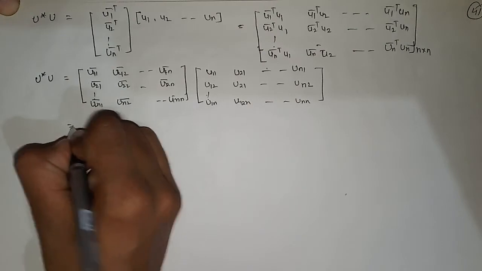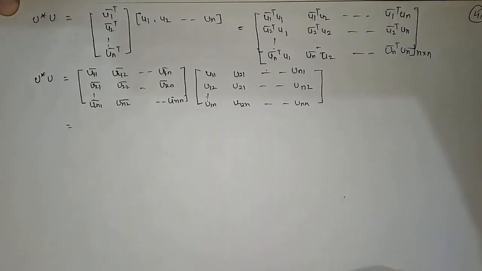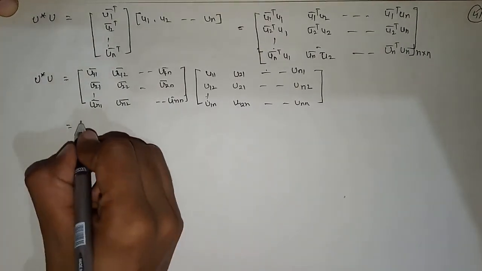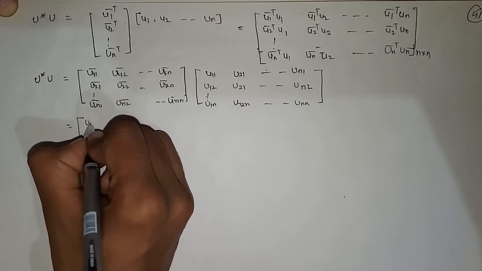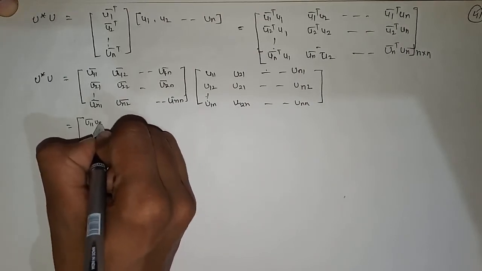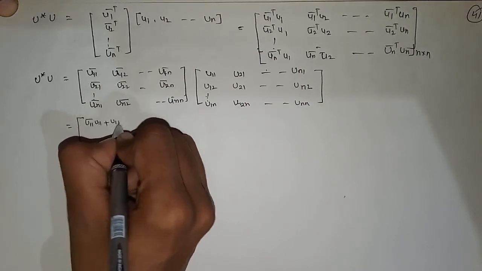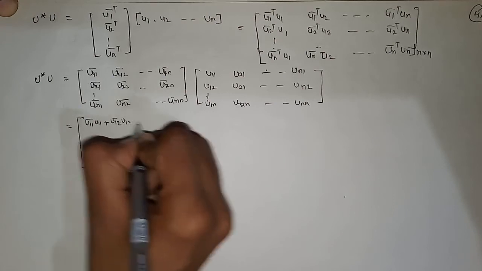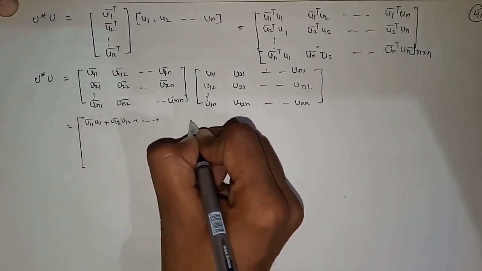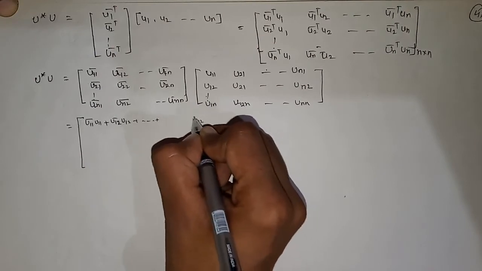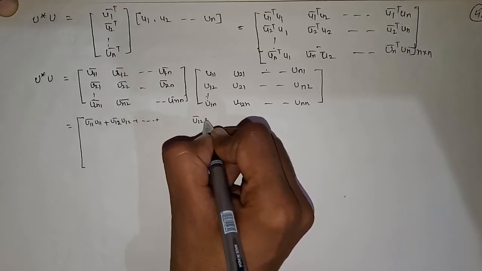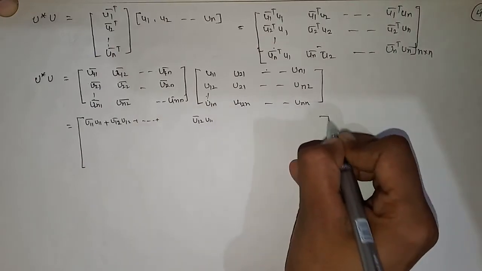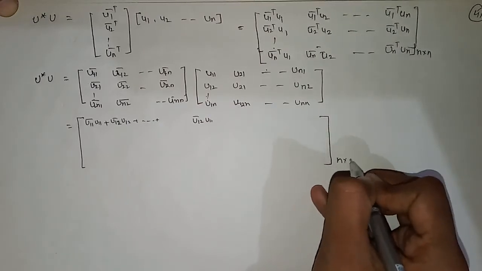If we take this product, then in every term we will get u11 bar u11 plus u12 bar u12 plus and so on. For the next term, u12 bar u11, and so on. In this way we will form an n cross n matrix.